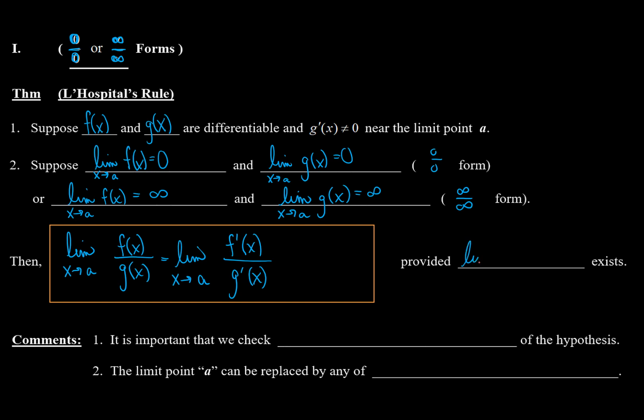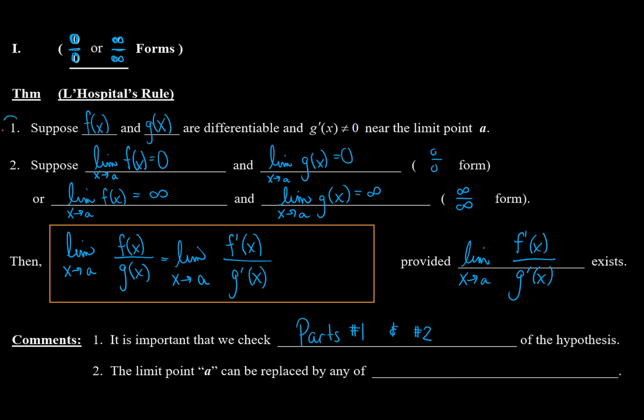Now, again, there is a caveat. We have to make sure that the limit as x approaches A of the first derivative exists, because it might not. It is very important that we check parts 1 and 2 up here of the hypothesis.